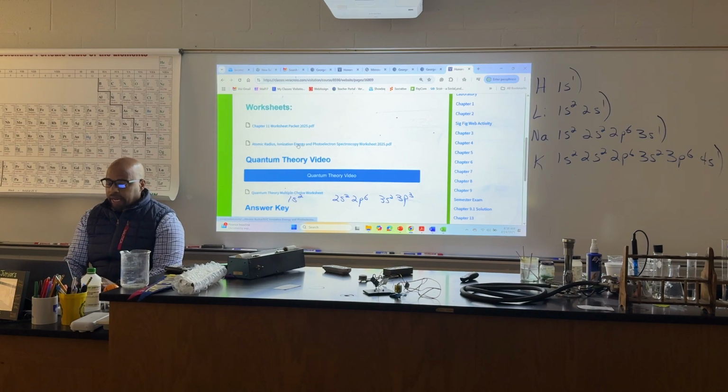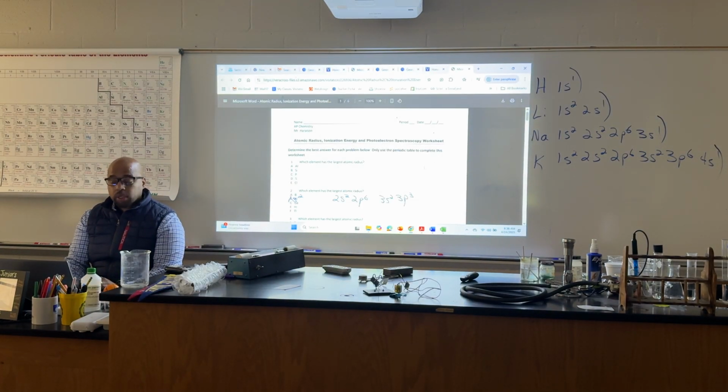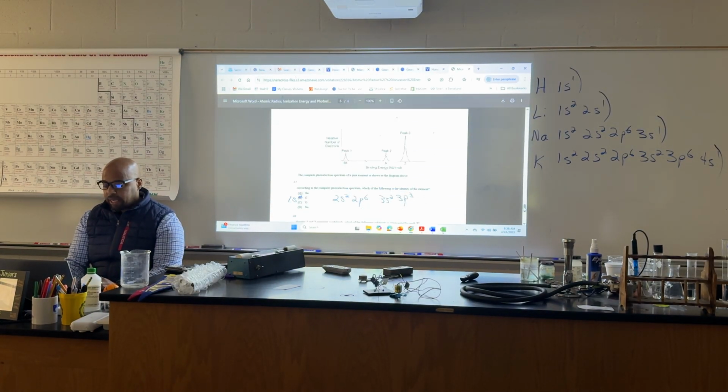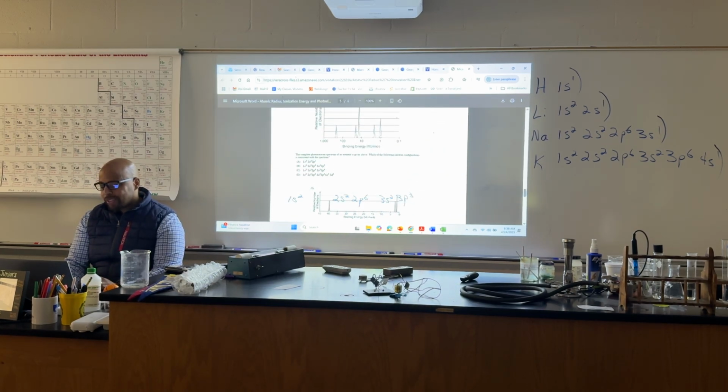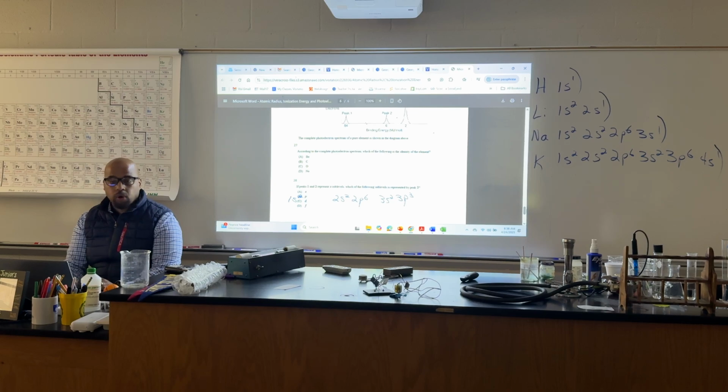It's called Atomic Radius, Ionization Energy, and the Photoelectron Spectroscopy Worksheet 2025. It says 28 problems, but there's only 26. I was trying to add some more problems, but I recognized that I added a duplicate problem. So you're only doing 1 through 26. I'll tell you on Veracross as well.